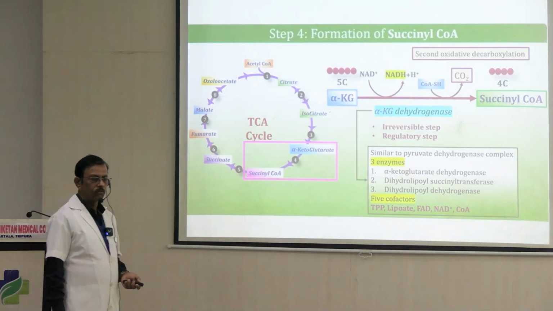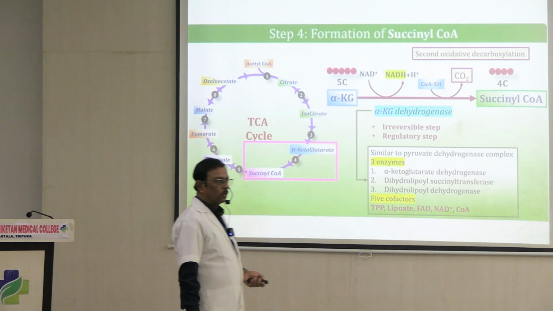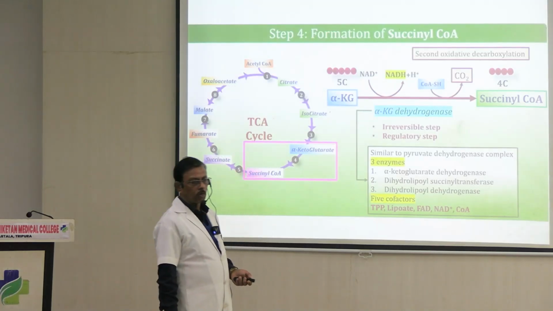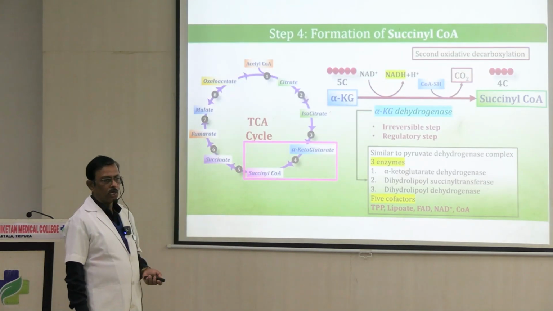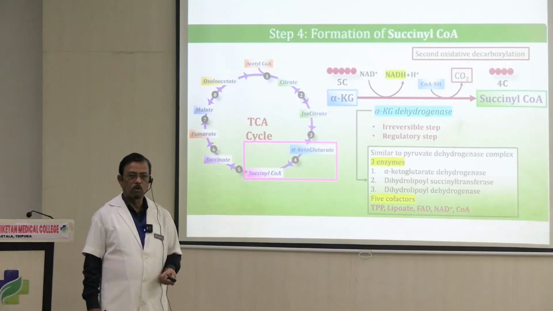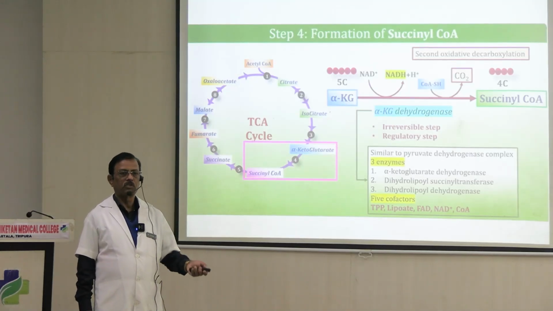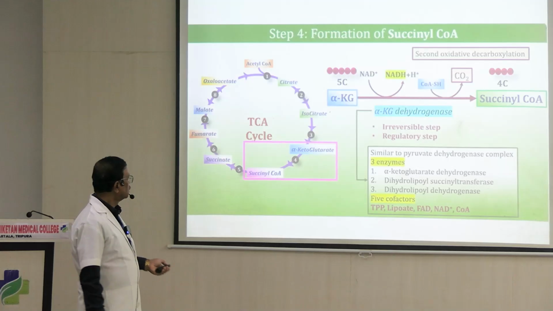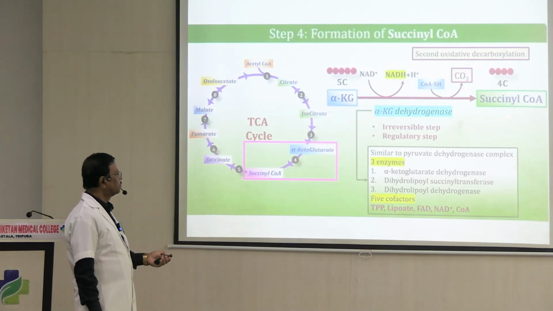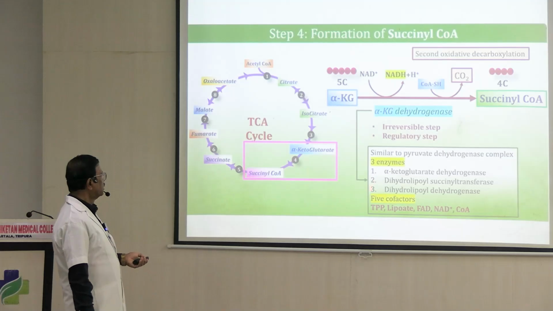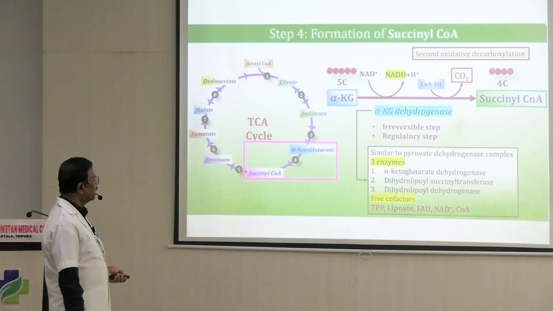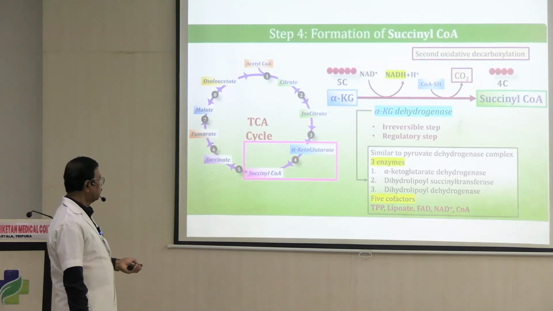So we started with 6 carbon, 2 carbon from the acetyl-CoA, 4 carbon from the oxaloacetate, and we have released 2 carbon dioxide, and that means 2 carbon. So the resultant succinyl-CoA is a 4-carbon compound. This is also an irreversible step and regulatory step.